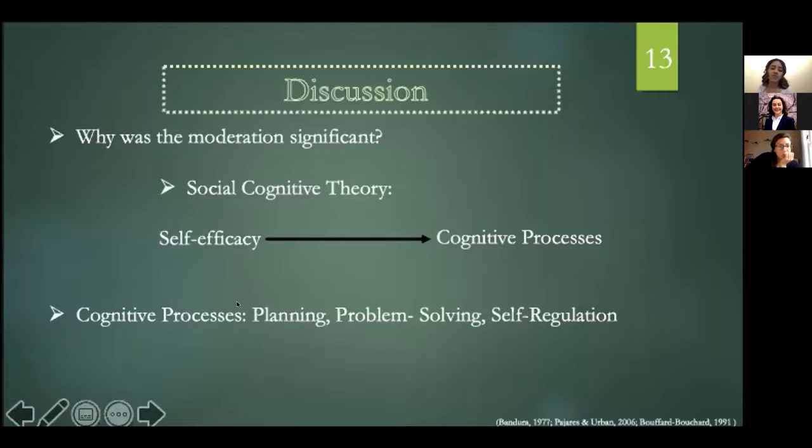And as I mentioned before, cognitive processes that are likely to be inhibited by impulsivity are the ability to plan, problem solve, self-regulate, and decision make. And since studies have shown that self-efficacy influences these cognitive processes, we believe that this may be a possible explanation for the moderation findings in our study.